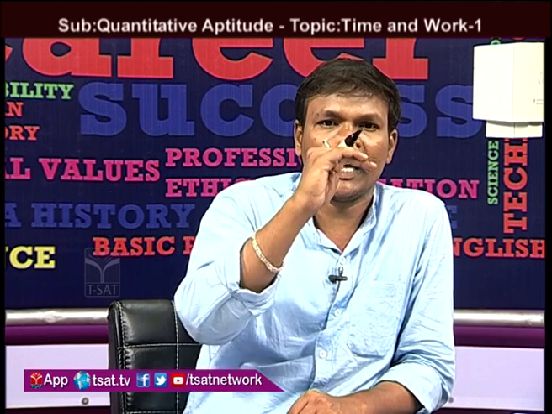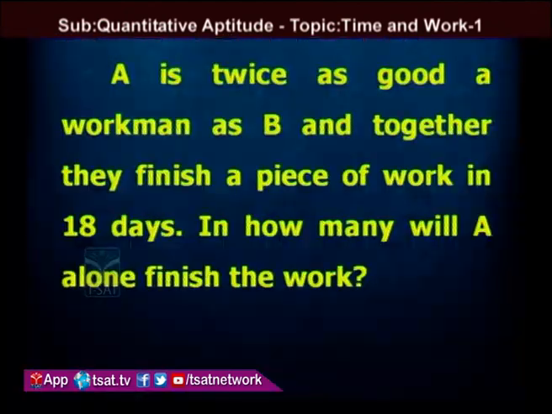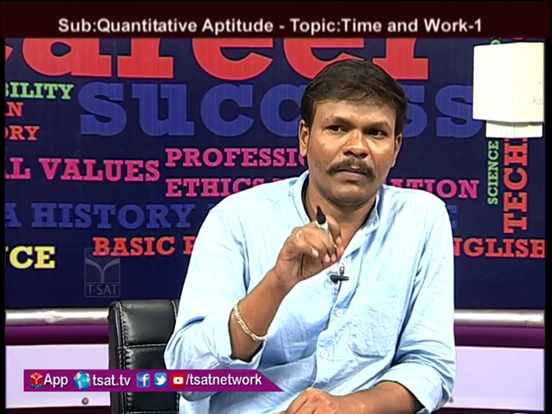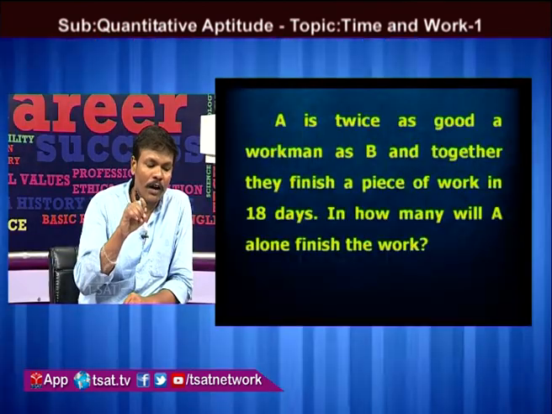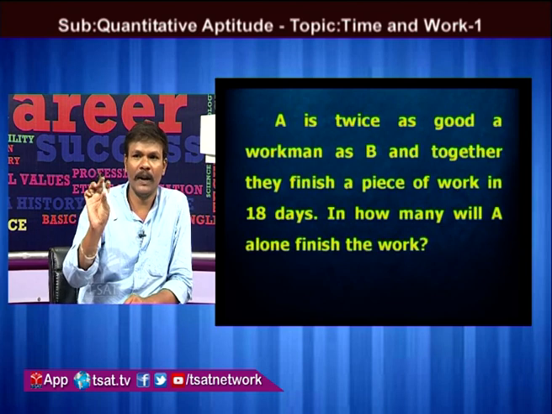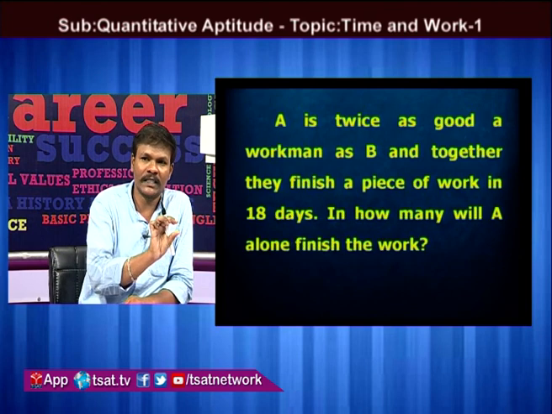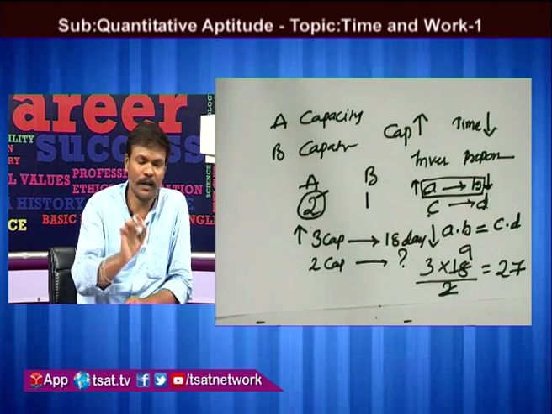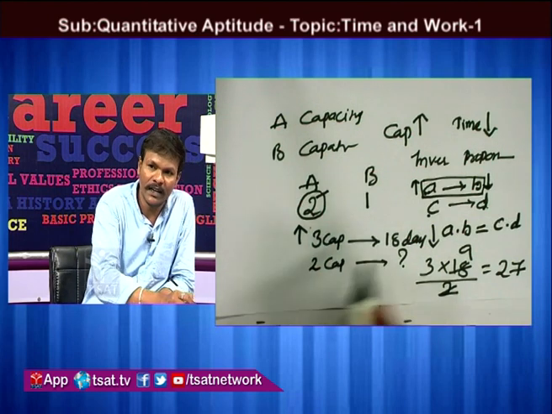When one quantity is increasing, the dependent quantity will be decreasing. In this inversely proportional method, we apply multiplication of A and B and of C and D. Both together are 3 capacities working 18 days, so 3 into 18 by 2.